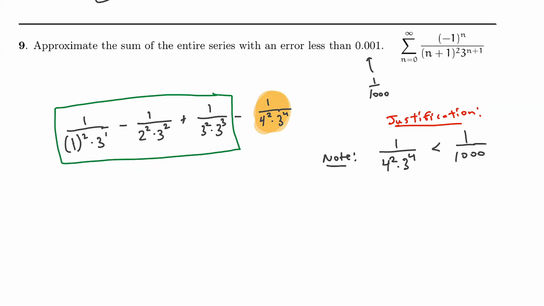And sometimes they say, write your answer as a sum of unsimplified fractions or something like that. Or write your answer as a sum of fractions, right? But I wouldn't ask you to write it as a sum, yeah.